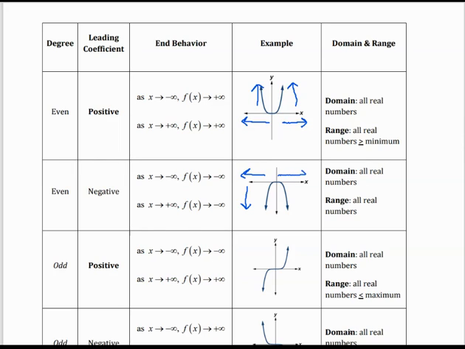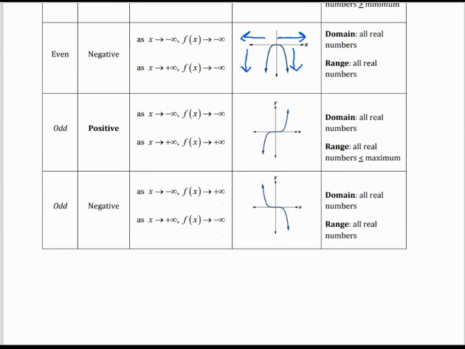And as I went to the right to positive infinity with the x's, again, my y values went down. So they both went to negative infinity. So when you have an even degree, so it's a quadratic, it's a quartic, it's to the sixth power, it's the eighth power, and it's positive out front, we're opening up. End behavior is to positive infinity both ways. And if it's negative, we're opening down, and end behavior is down to negative infinity.